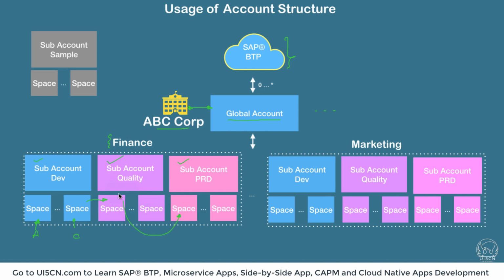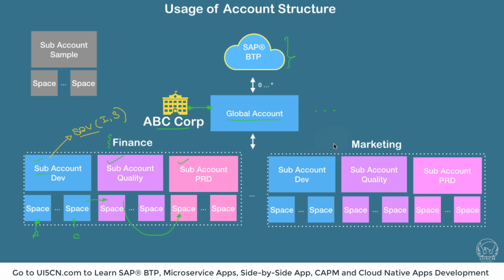So this is how the structure will be of different sub accounts, and all these different sub accounts might be subscribed to different kinds of services, or might be creating instances of different services. So different service instances or subscriptions might be created within different sub accounts, and they might be different.